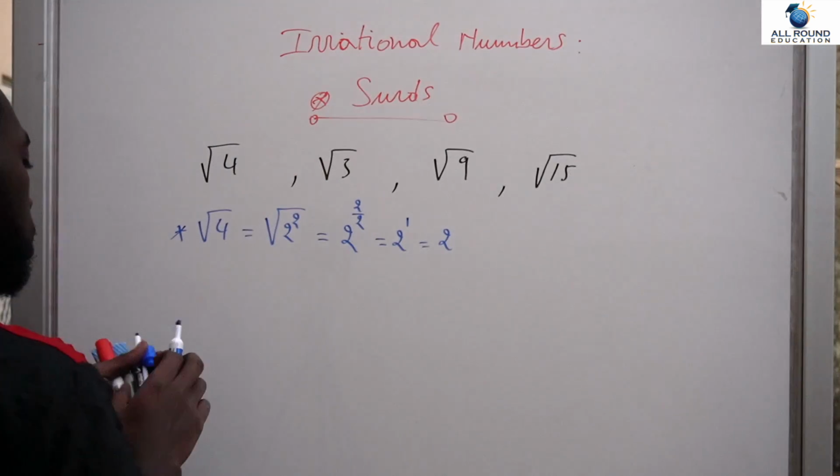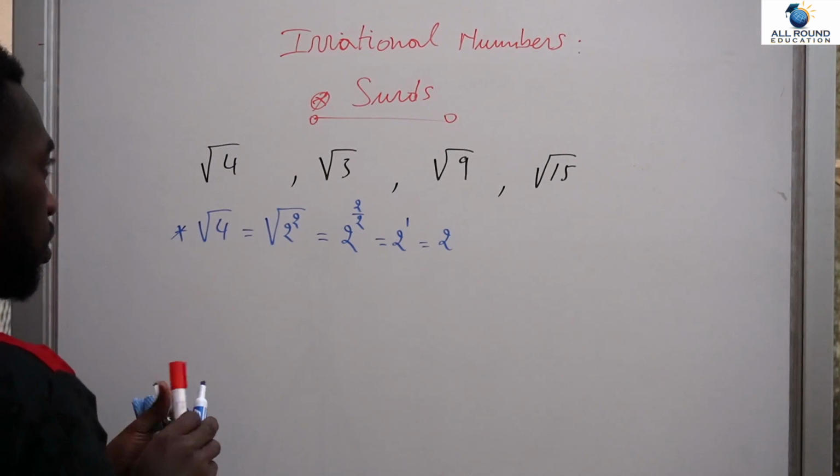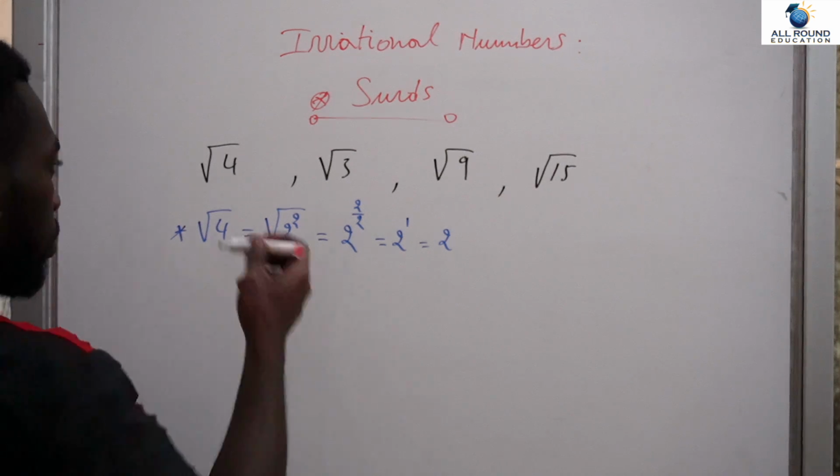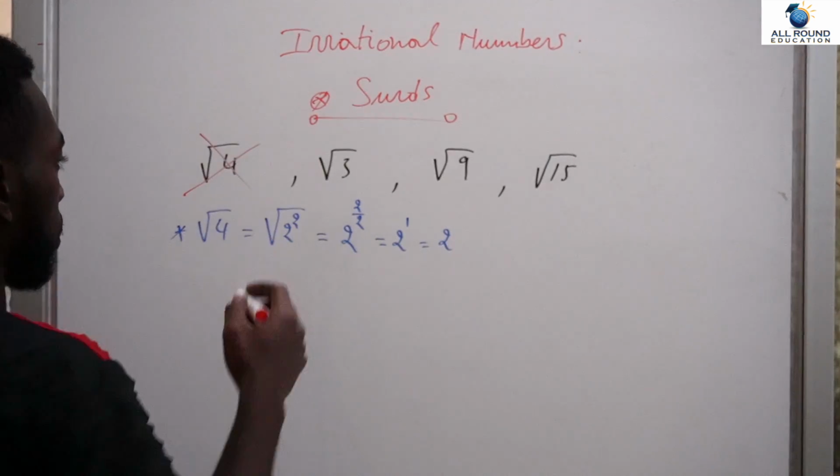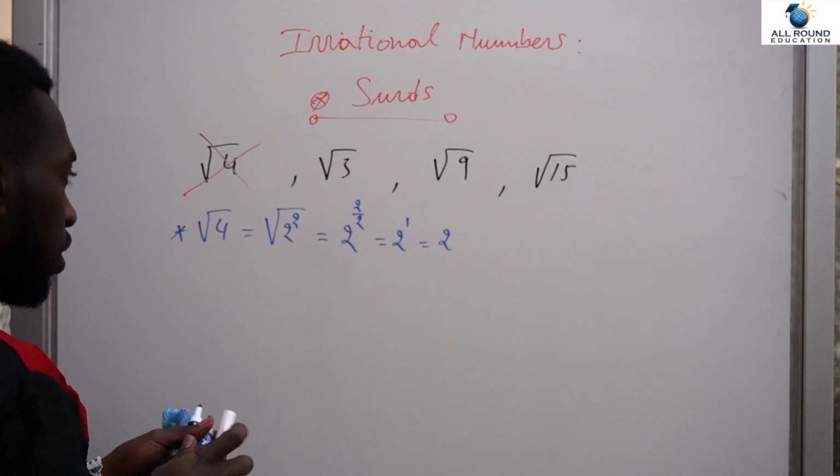So square root of 4 is not a surd, right?